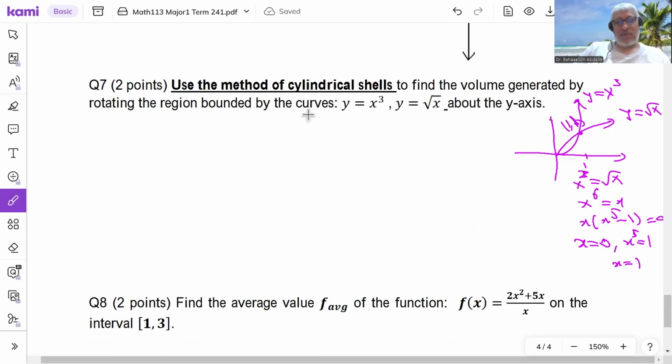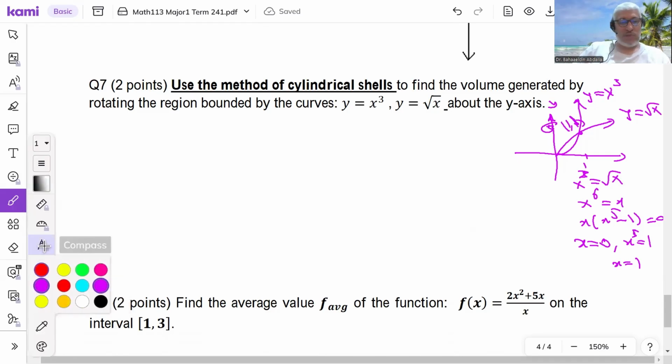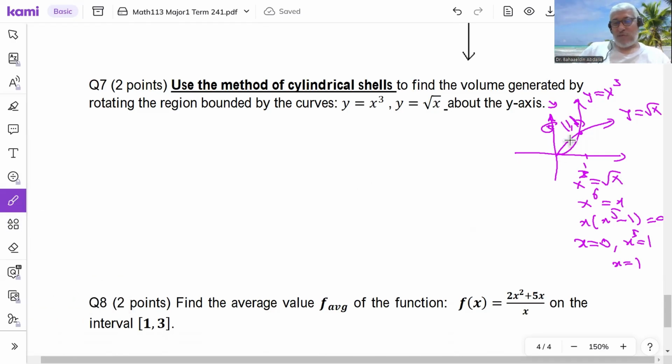So we need to rotate this region about what? About the y-axis. This is the y-axis, this is the rotation. Now, which rectangle should I choose? Well, if I choose a vertical rectangle, this curve would be above this curve always. So it's good, I don't mind. If you choose a horizontal rectangle, this curve would be to the right of this curve always.